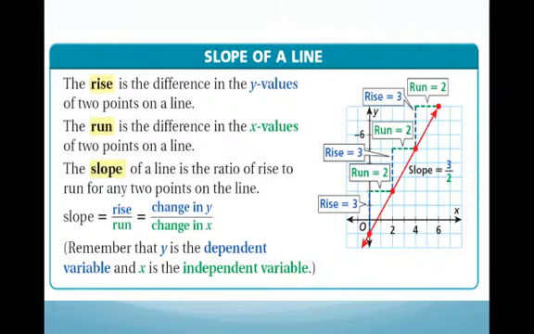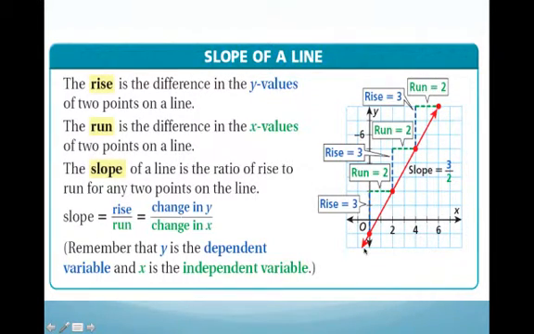Slope of a line. The rise is the difference in y values of 2 points on a line. So this would be the rise on this slope, the blue lines. The run is the difference of the x values of 2 points, which would be the green lines.